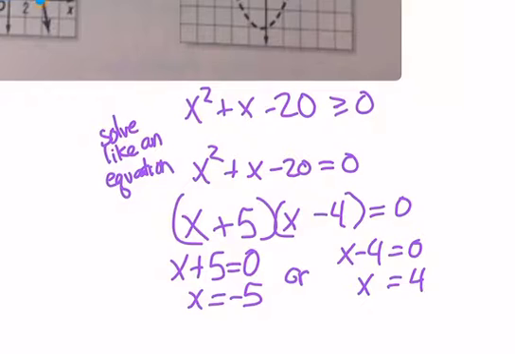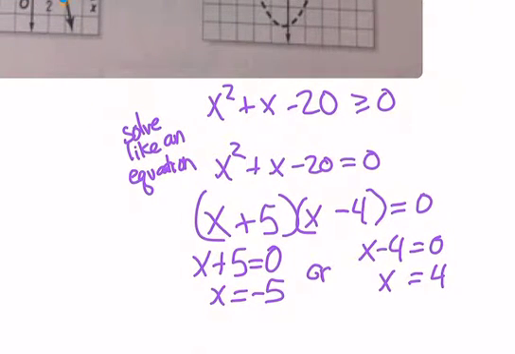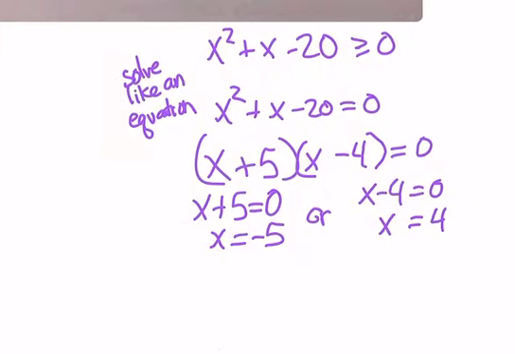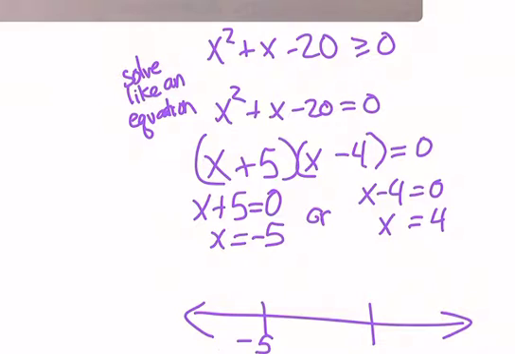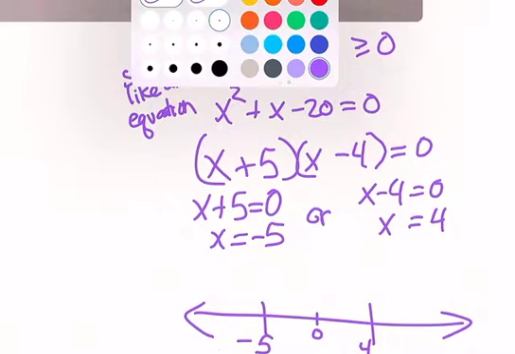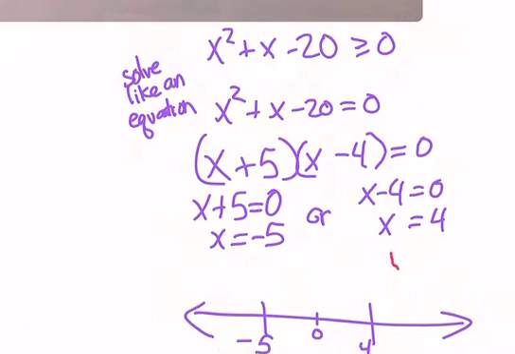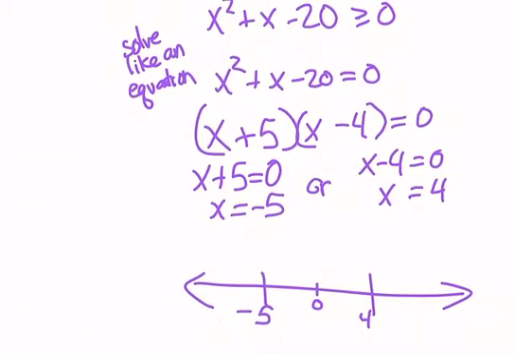However, you could also use the quadratic formula and get these values. The part with the inequality is we make this number line and put these critical values on here, like our x-axis looked. Here's my negative 5, my 0, my 4, just to give a little bit of placement value. And we have to test a point in each of these intervals.